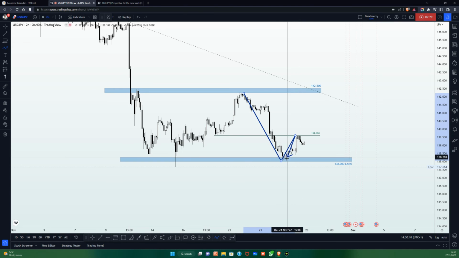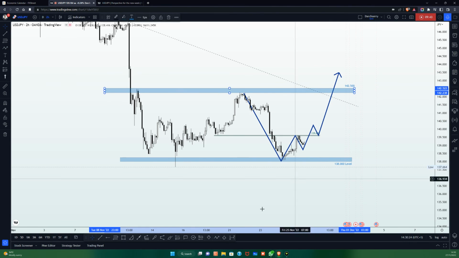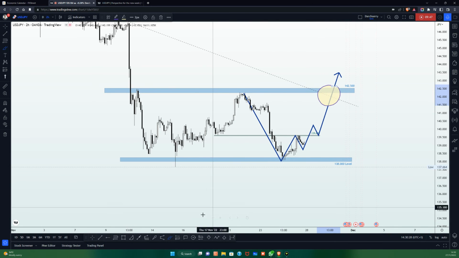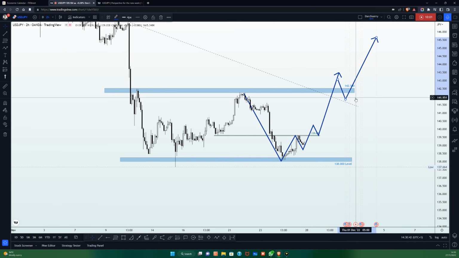So if price does not break below this previous low, then if a breakout of the 139.600 happens, I want to be joining that rally to the upside, where I want to see how our price action relates to the 142.500 area to decide if we are going to be selling one more time, that is, price selling pressure right below this level to the downside, or if a breakout of that structure happens, then a retest of structure should give me another opportunity to add more position to this trade.